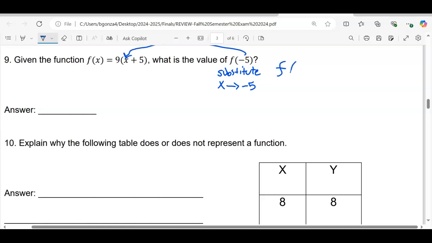So f of -5 equals 9, and then instead of x, -5 and then plus 5. So what does that equal? PEMDAS says parentheses first, -5 plus 5 is 0. And then 9 times 0 is 0. So f of -5 is 0.